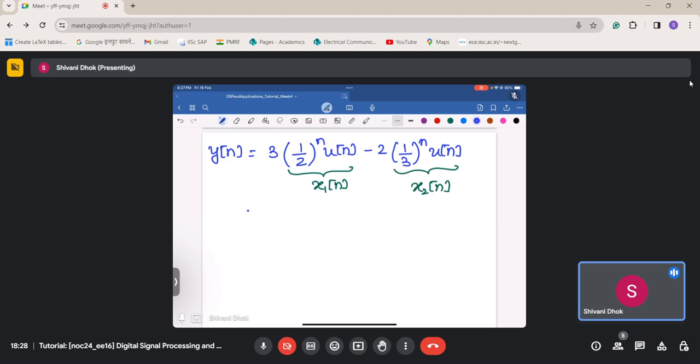So I can write this as 3 into x1 of n minus 2 into x2 of n. Therefore Y of omega will be 3 into X1 of omega minus 2 into X2 of omega. And why is this so? This is by the linearity property.